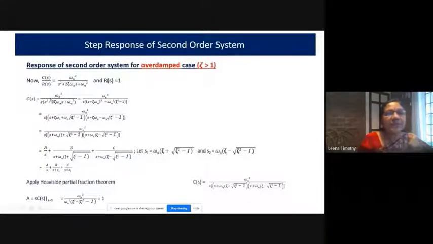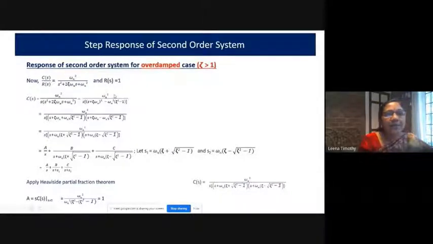So C of s is equal to omega n square divided by s square plus 2 theta omega n s plus omega n square. Because R of s is equal to 1 by s, our input is a step input.